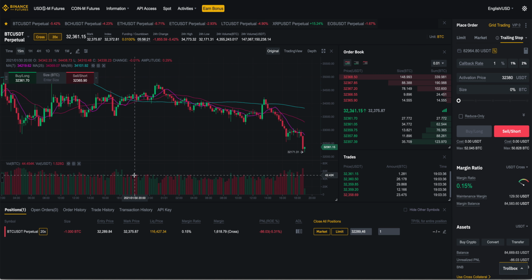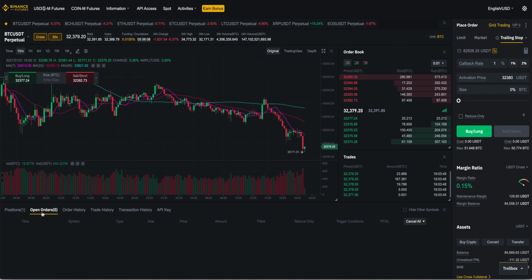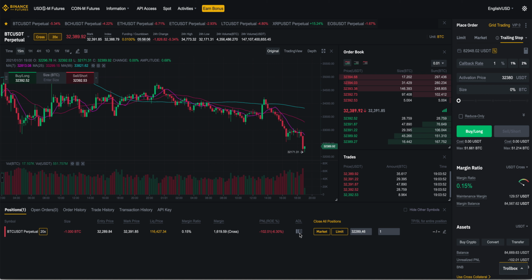Not sure, it should be a sell order actually, because I'm in a sell position, so I should click buy. I really can't say how it works. Never used it, the first time I see it. They always have new features. This is why I like Binance.